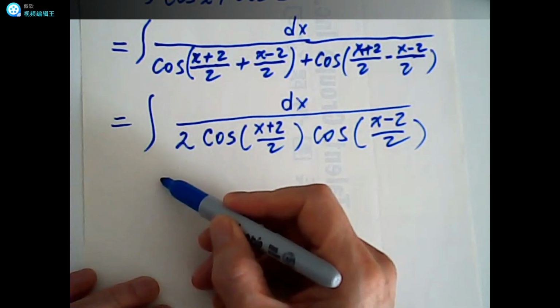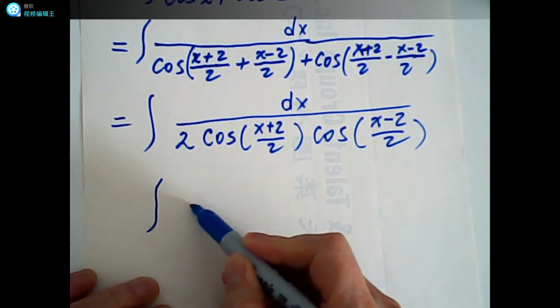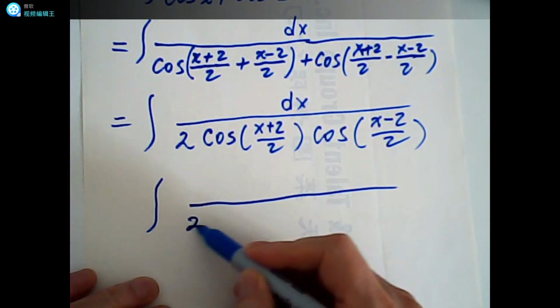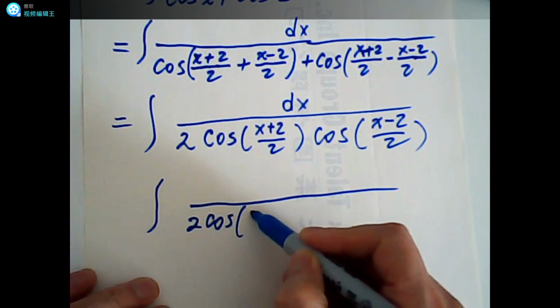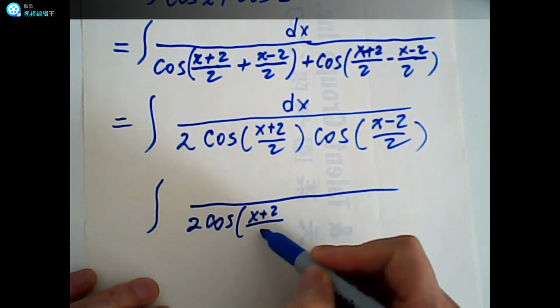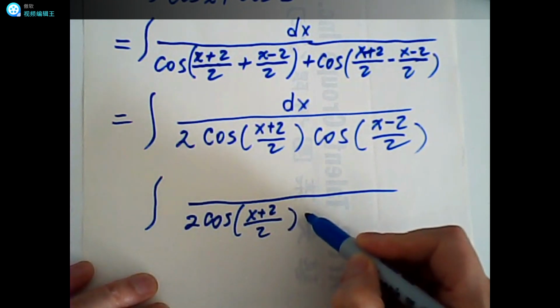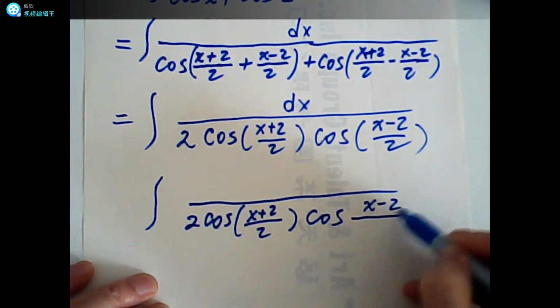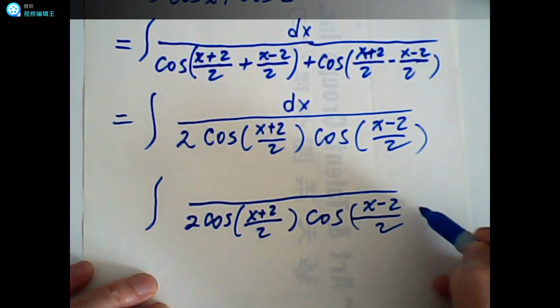So let me write down this one. This is cosine (x plus 2)/2 multiplied by cosine (x minus 2)/2.